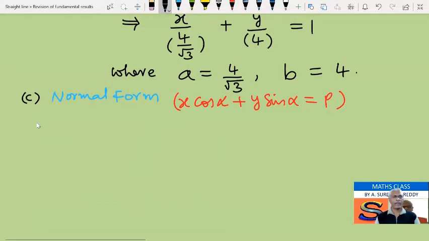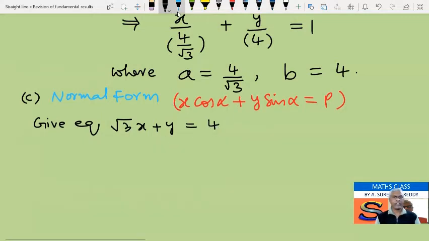So now let us take down the given equation as root 3x plus y is equal to 4.